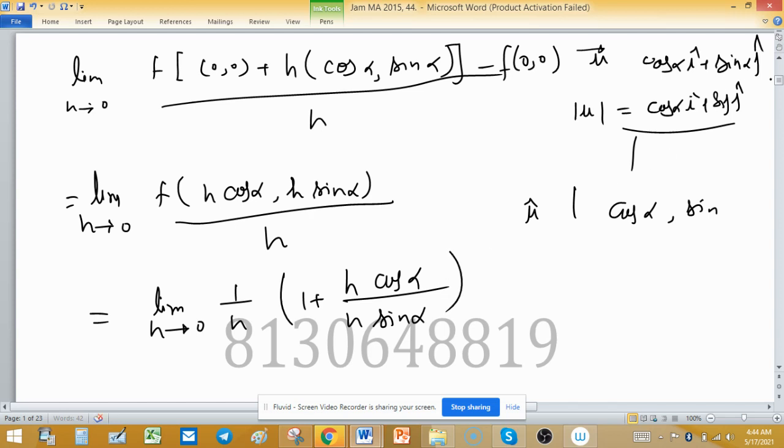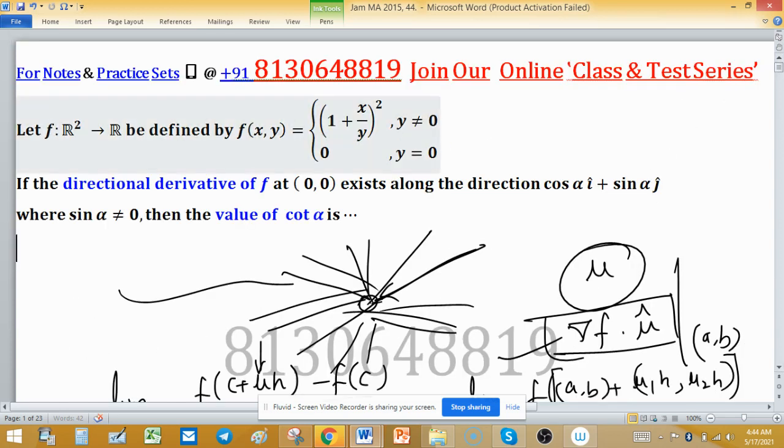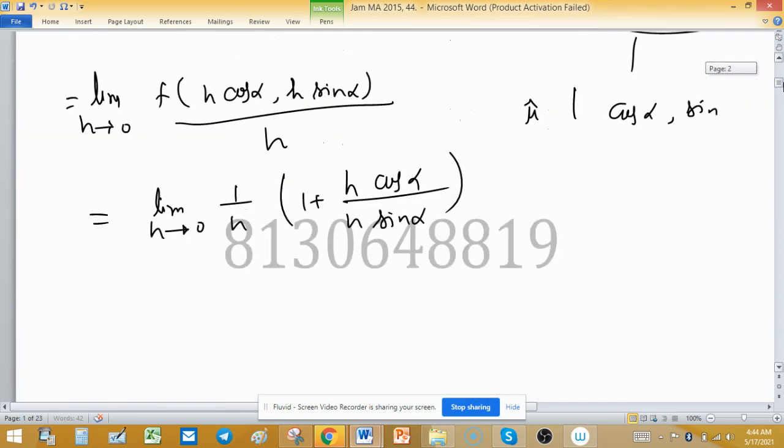This is by the structure of f: f of (x, y) is equal to 1 plus x upon y squared when y is not equal to 0. So we obtain this expression from the function. The h cancels out, giving cos alpha upon sin alpha.